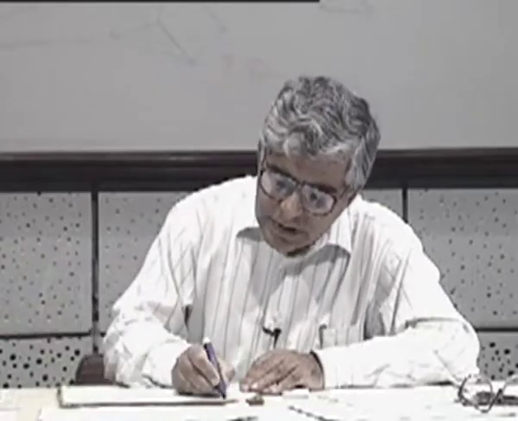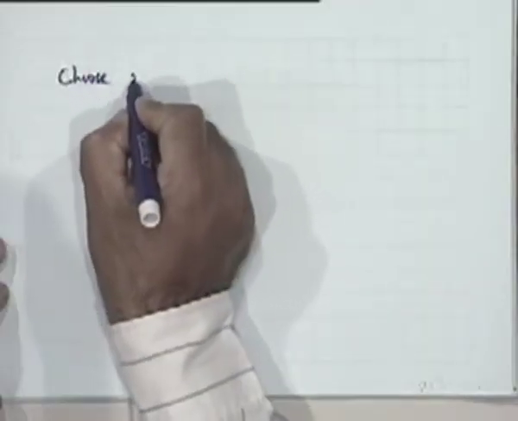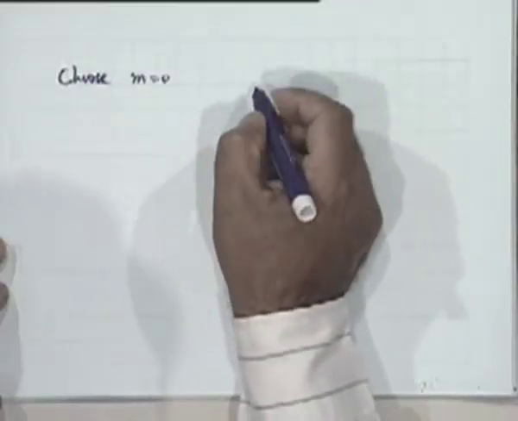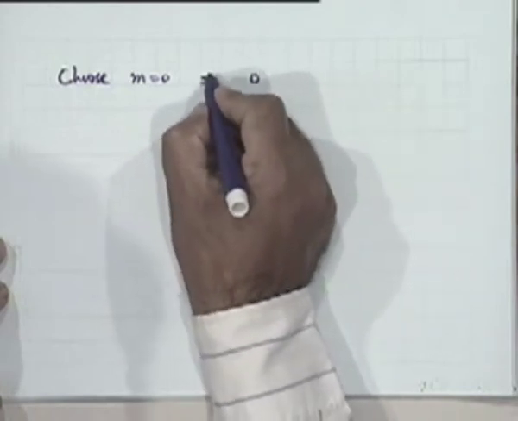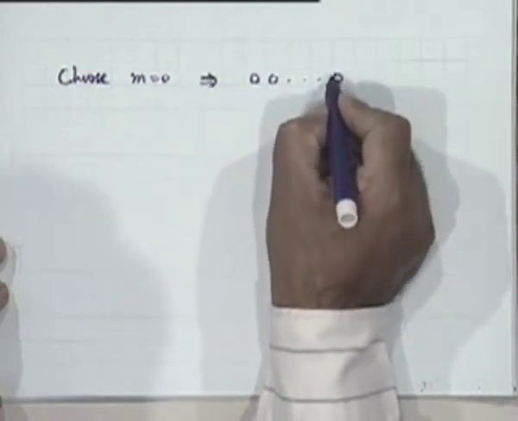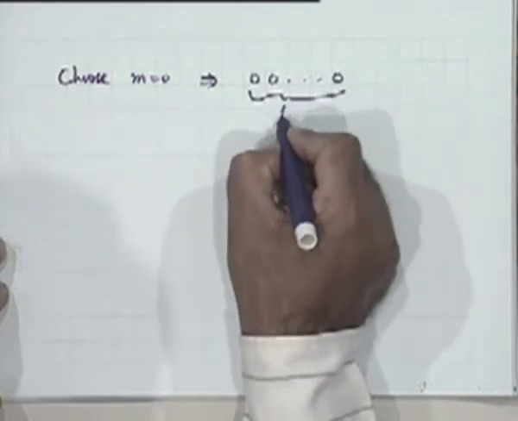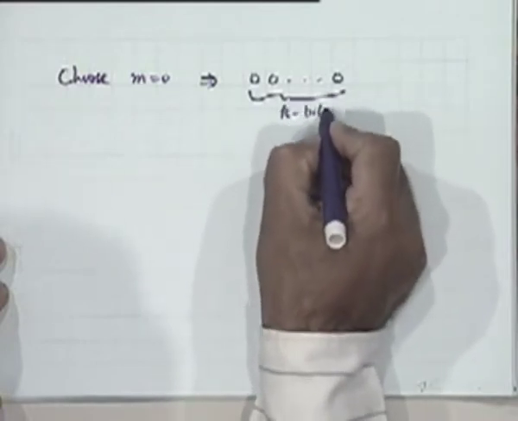All right, a convenient value of m to consider is m equal to 0, right? Or the index m equal to 0, which will correspond to a k-bit word of all zeros. So choose m equal to 0, and the binary k-tuple implied by this is a bit sequence of all zeros.